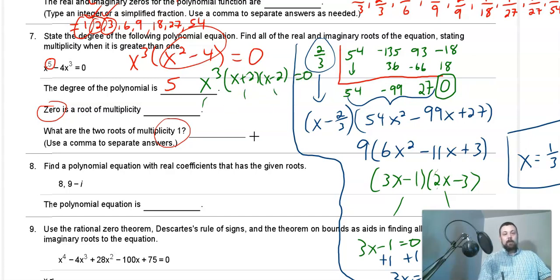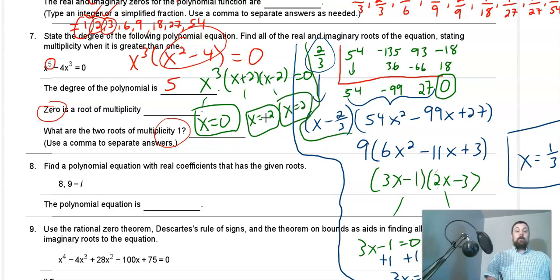And then we set each factor equal to 0. And we do indeed get 0 as one of our roots. This is going to give me negative 2 as a root. Right? Set it equal to 0, solve for x, you get negative 2. This factor gives me positive 2 as a root. So multiplicity, this x equals 0, occurs 3 times. Right? The exponent's 3. That means we're getting this answer 3 times.